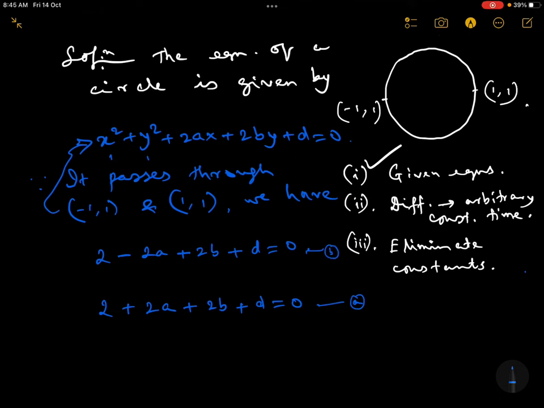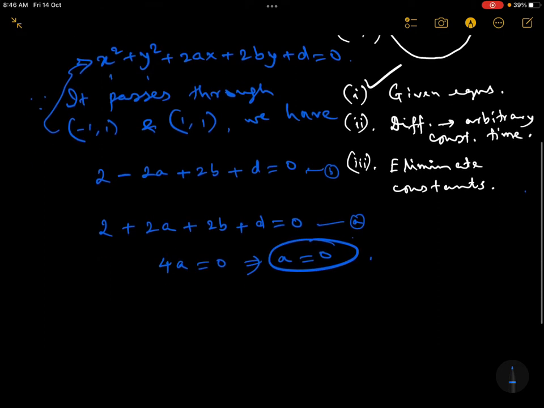If we subtract a and b, the left hand side will be like this: 4a equals 0. This implies a must be 0. So if a is 0, we can substitute this in either of the equations, a or b. So what do we observe? 2b plus d plus 2 equals 0.